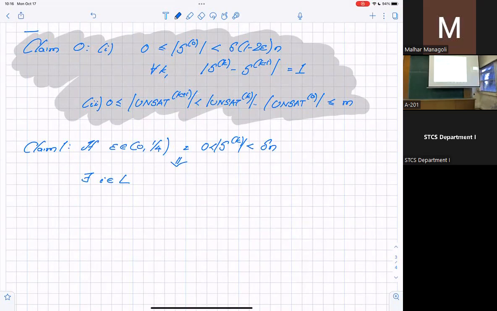There exists an i in L such that unsat of K of i is greater than sat of K of i. So this says as long as the distance from the target codeword C is not delta n or more, you will always find a vertex at which you can make progress.